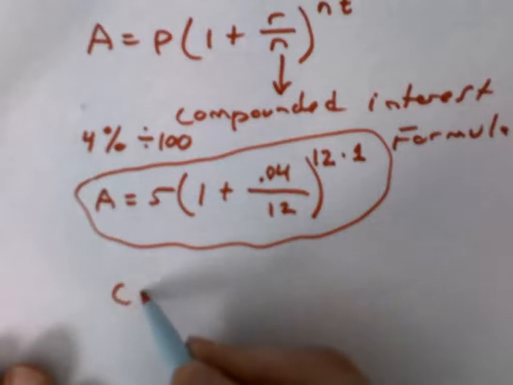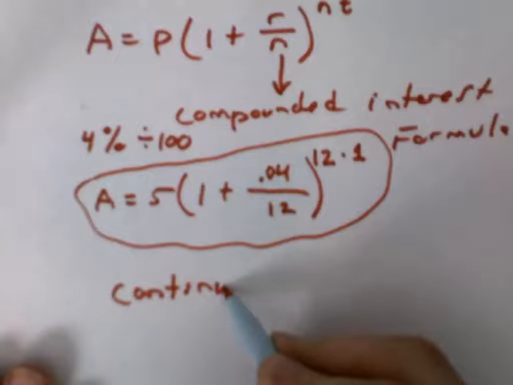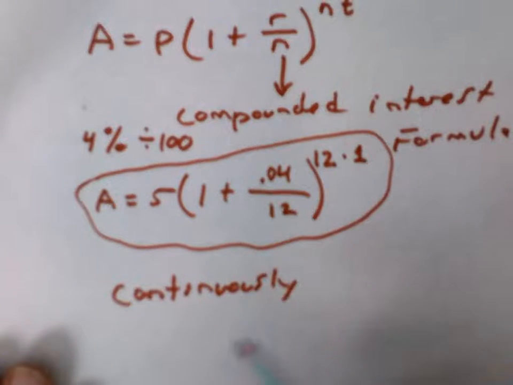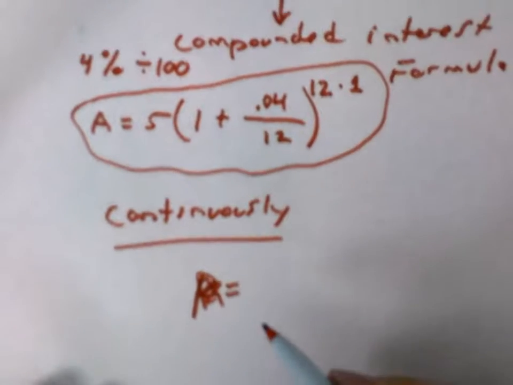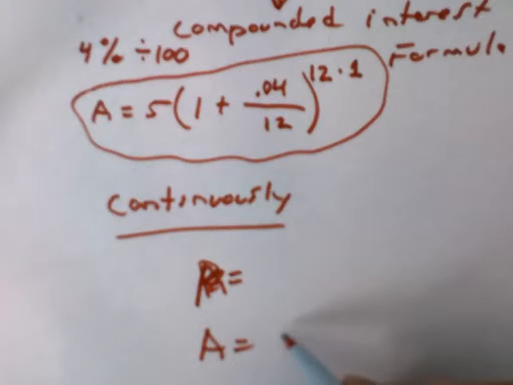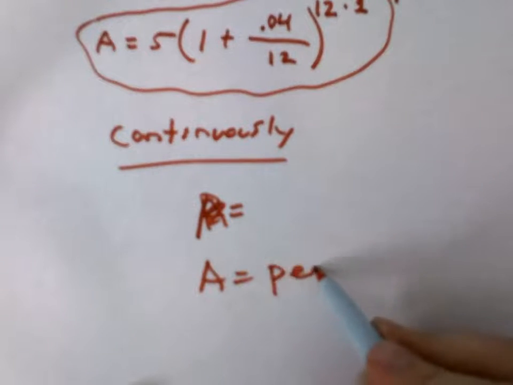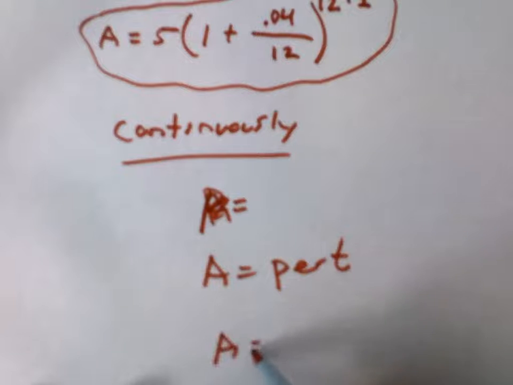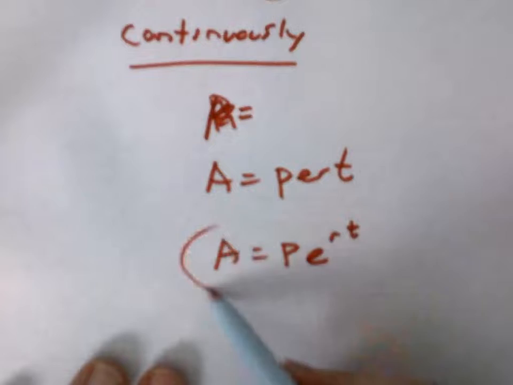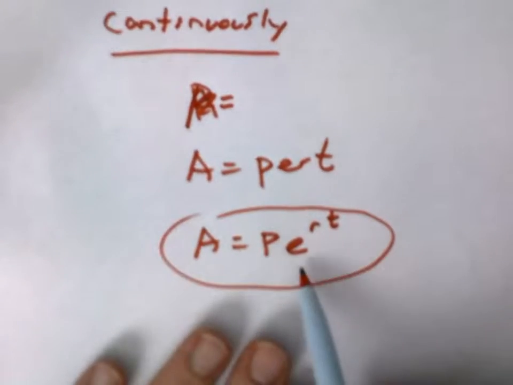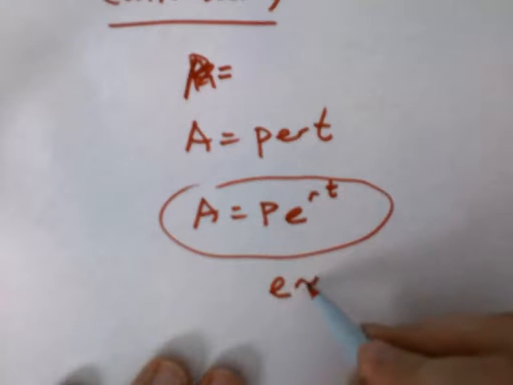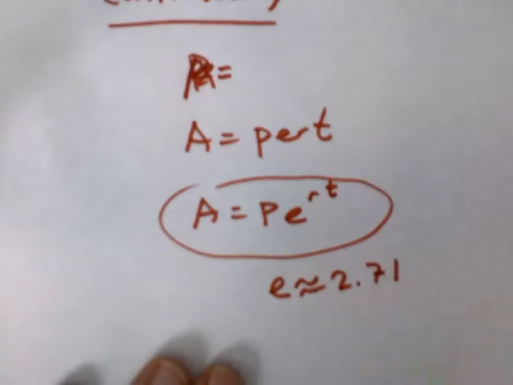There's also one called compounded continuously. It's called the PERT formula, which looks like A equals P E R T. Remember, E is approximately 2.71.